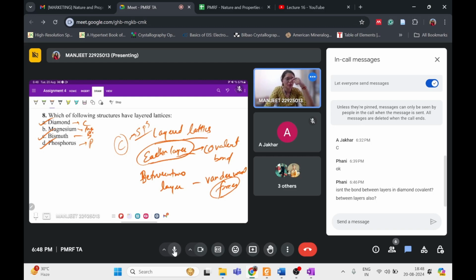This layer structure exists only because of these weak forces. The covalent force is also weaker than the ionic bond. Magnesium has a greater ionization power, so there the ionic bond exists. In between these there is only the covalent bond, so the layer structure will exist for them.